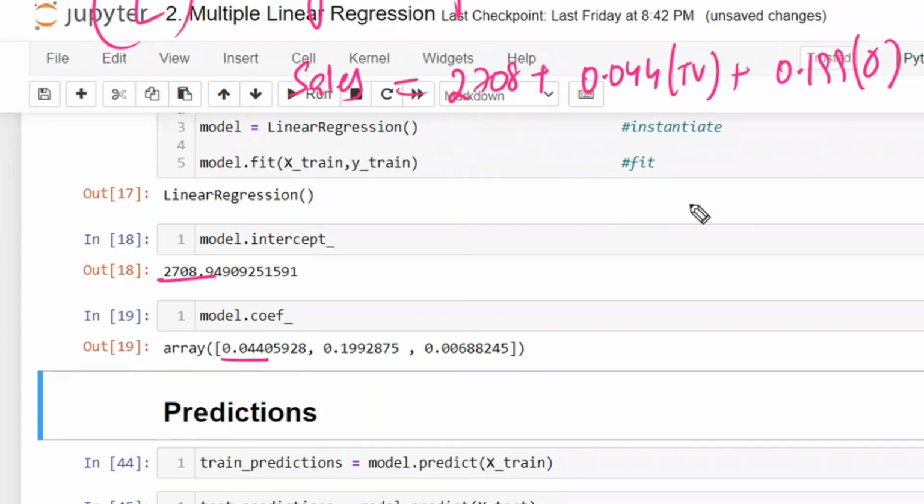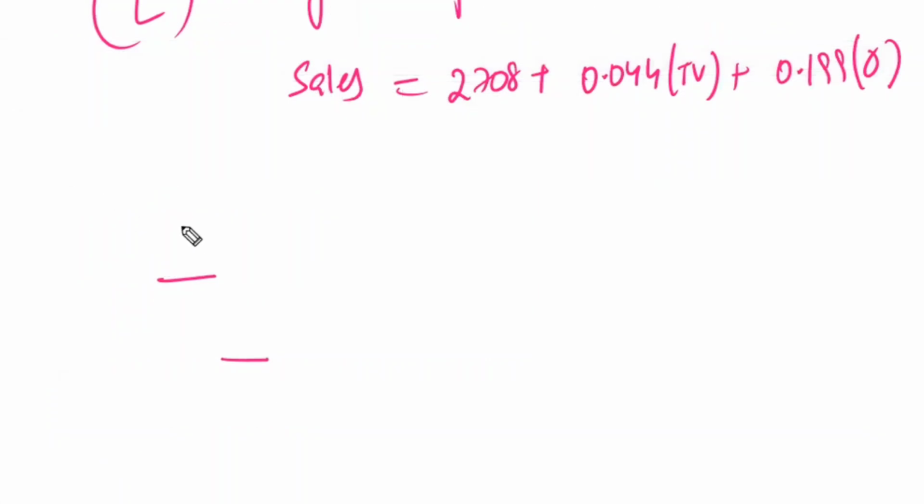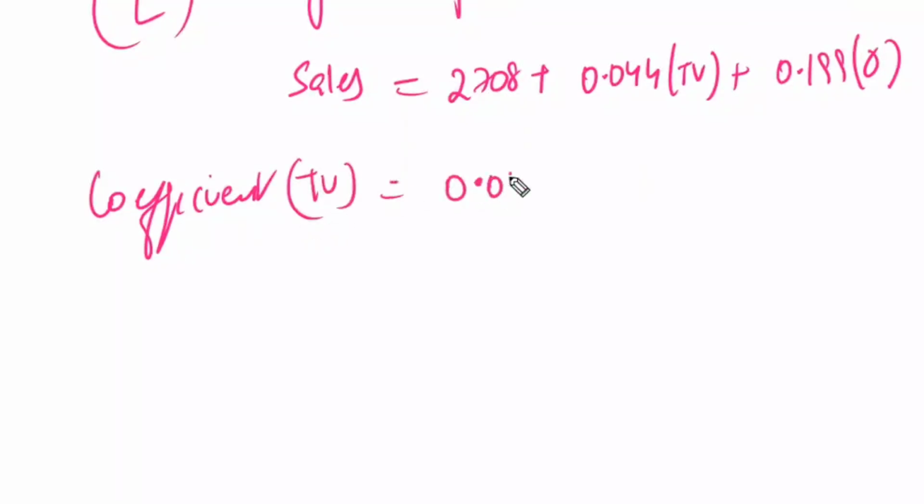Please understand this very clearly. What is the importance of the coefficient? What is the coefficient of TV, only TV? What is the value? 0.044.